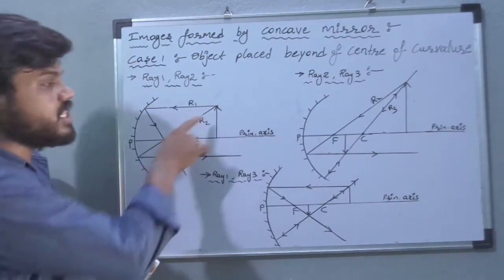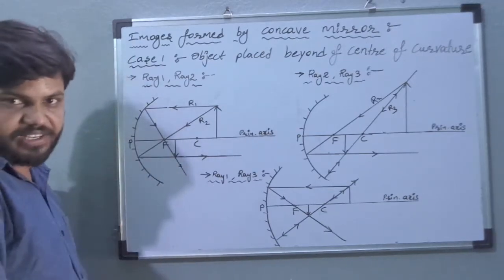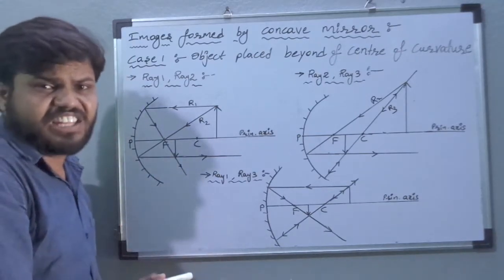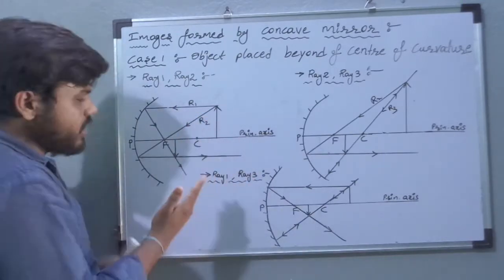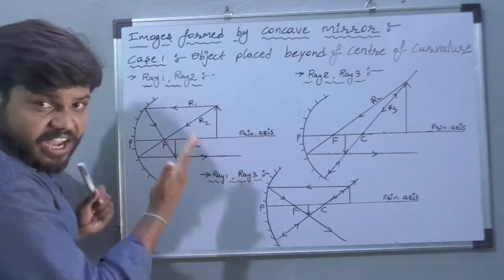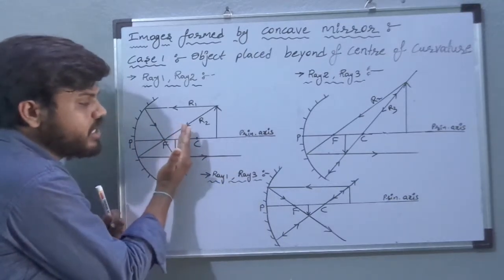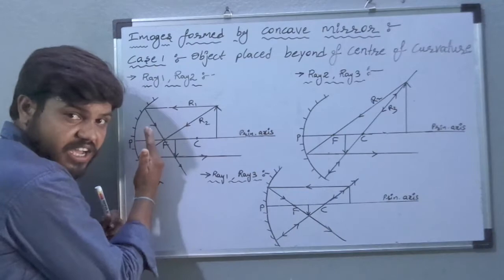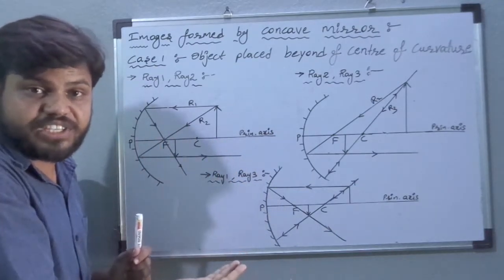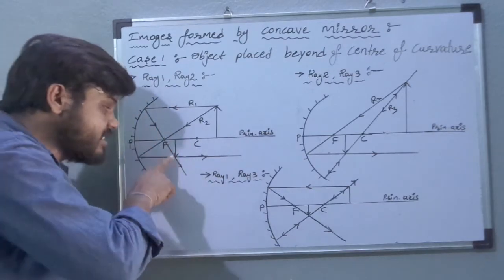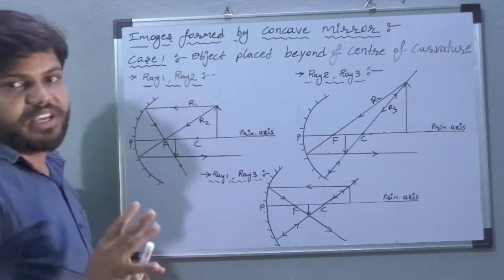To see the image of the object, we must place the screen at this intersection point. The screen is nothing but a paper, or you can keep your hand also. If you move that screen forward or backward, we get a blurred image. If you place the screen at this intersection point, only then do we get a clear image.